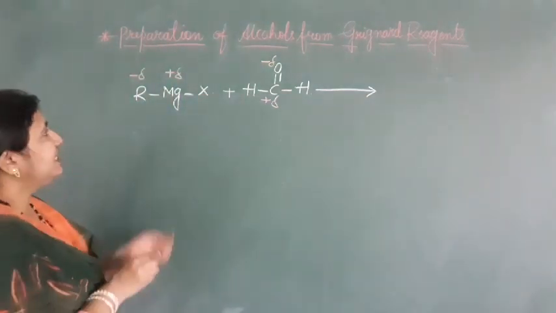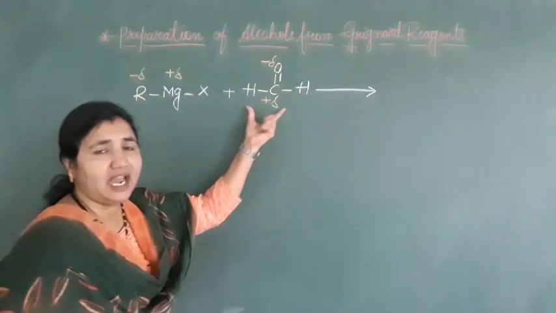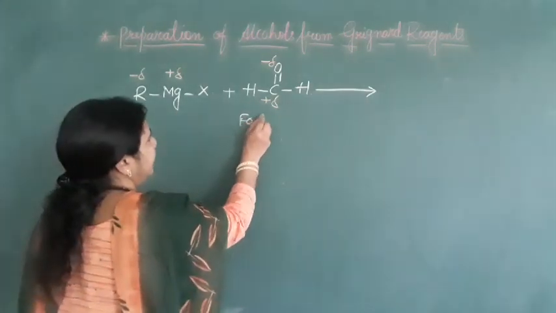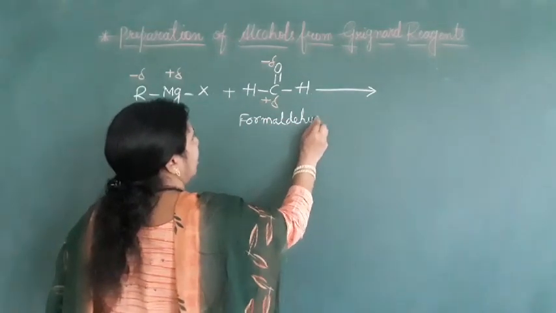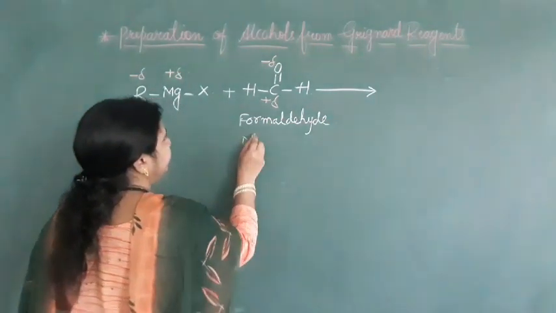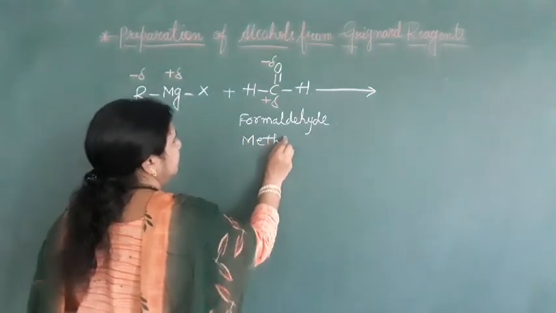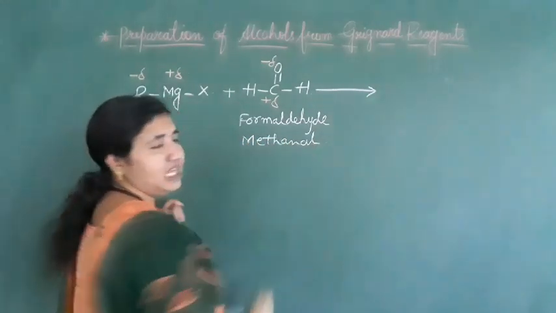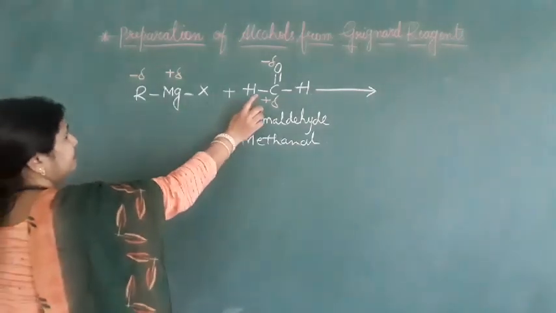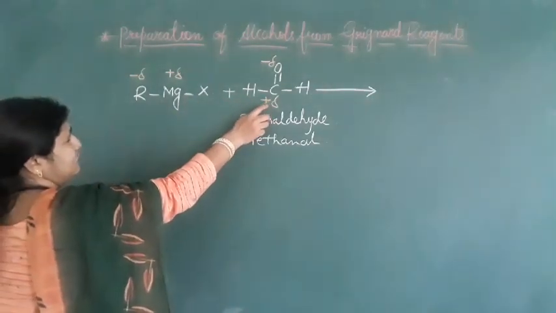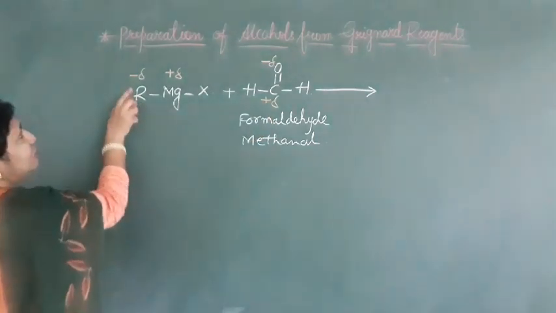So Grignard reagent reacts with formaldehyde. The general name is formaldehyde, or the IUPAC name is methanal. Here this carbon has a positive charge and this alkyl group has a negative charge.